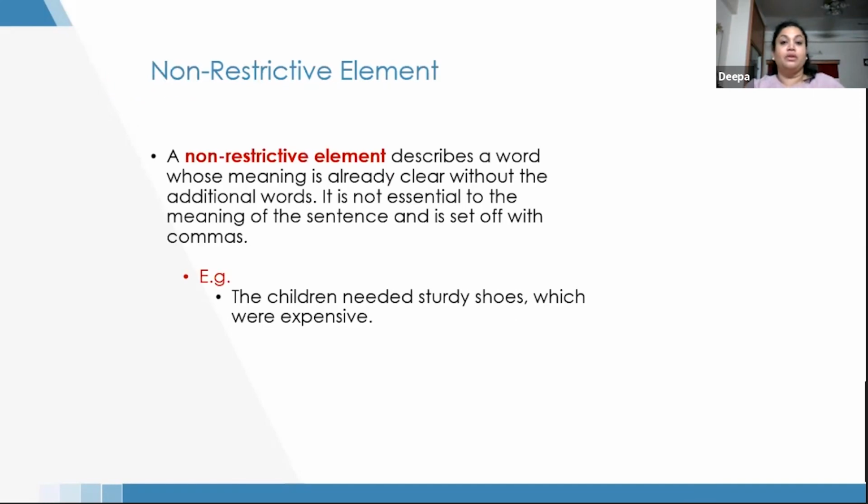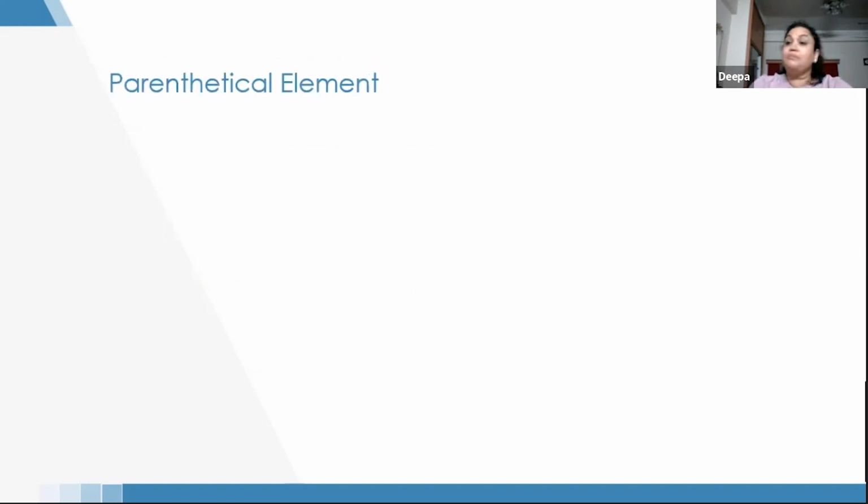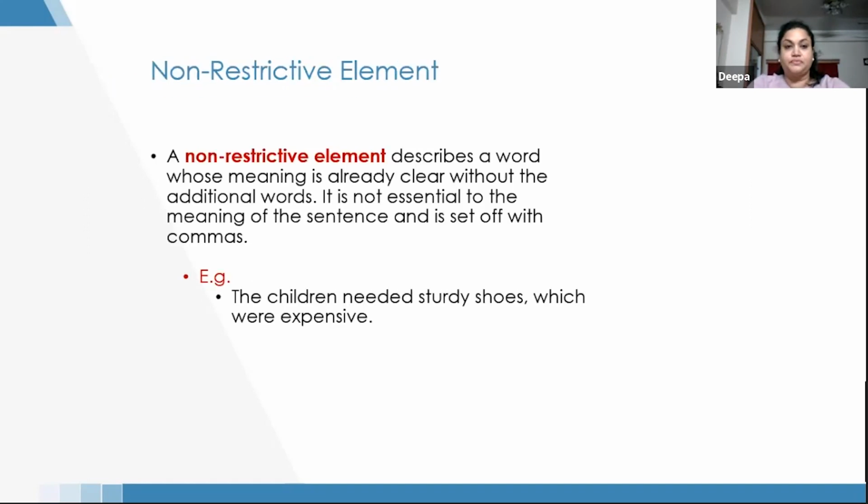Now when we talk about sturdy shoes, we understand that if you are looking for quality shoes, they would be expensive. Clear? Please understand that the meaning is already clear.